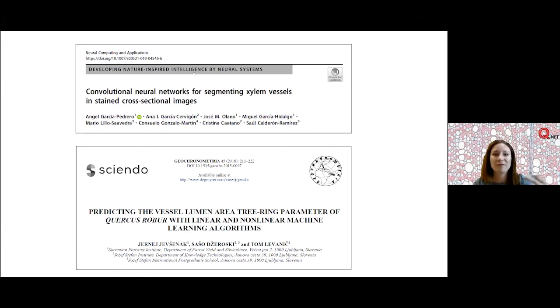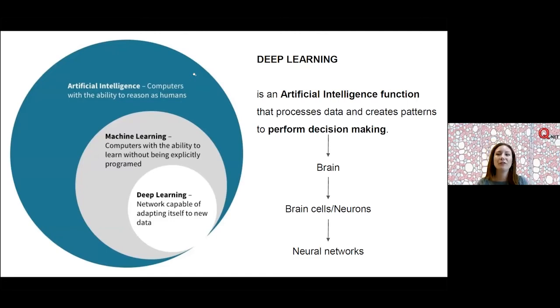Since I mentioned different and various techniques or approaches, I would like to give you a very quick, short introduction, just to guide you within all this very fancy terminology. So deep learning is a subset of machine learning, which is a subset of artificial intelligence. Why are we specifically targeting deep learning?